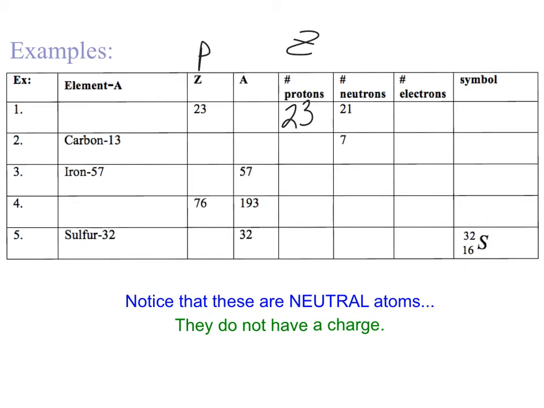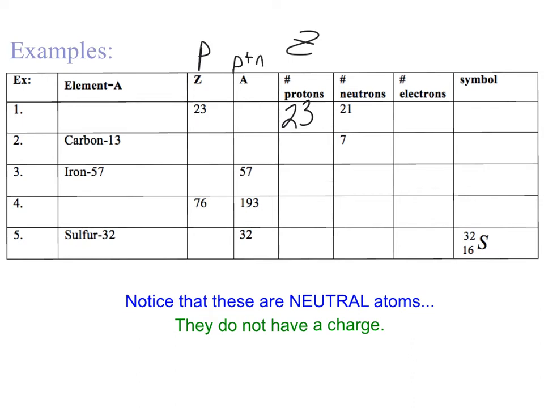Well, my mass number A is whatever the mass of the atom I'm dealing with is. Well, I have 23 protons, they have mass, and I have 21 neutrons, they have mass. So if I'm going to get my mass number, I'm going to do my protons plus my neutrons.